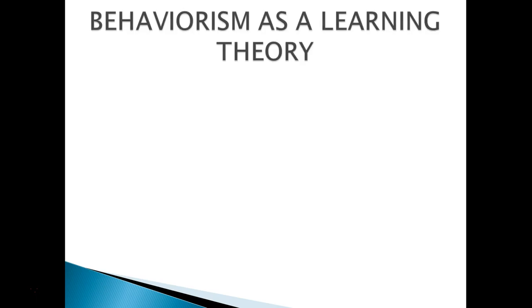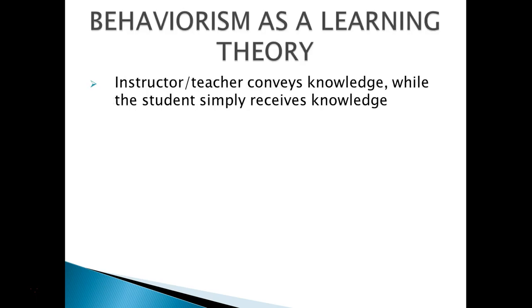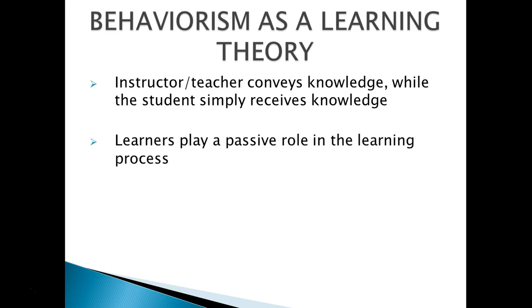In the context of education, behaviorism as a learning theory relies on the instructor or teacher or the more powerful person acting as the conveyor of knowledge, while the student or the weaker person acts as the receiver of knowledge. In the behaviorist learning approach, learners play a passive role in the learning process, and learning is largely teacher-centered.